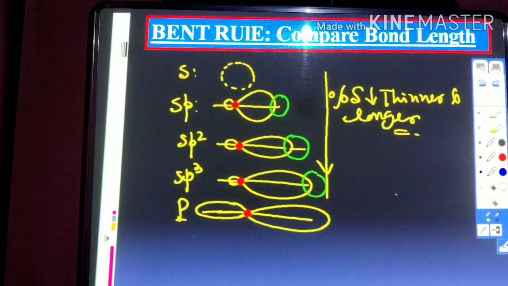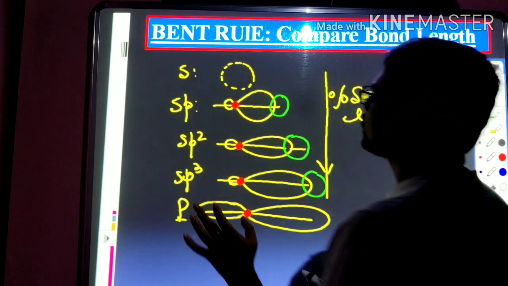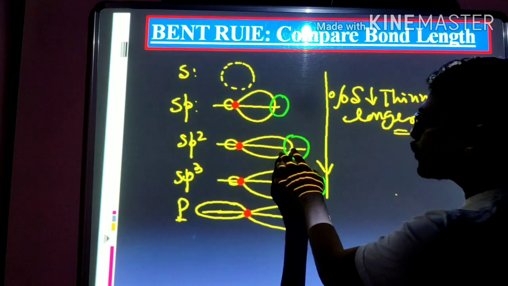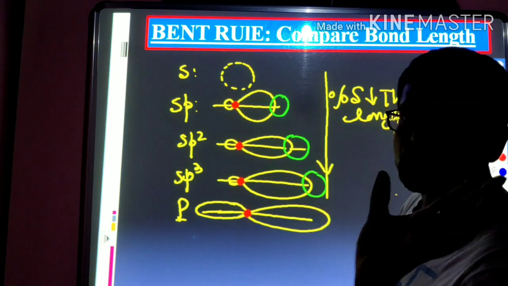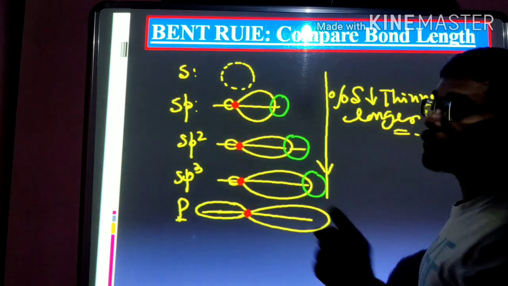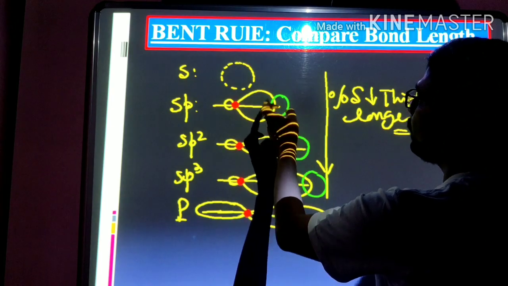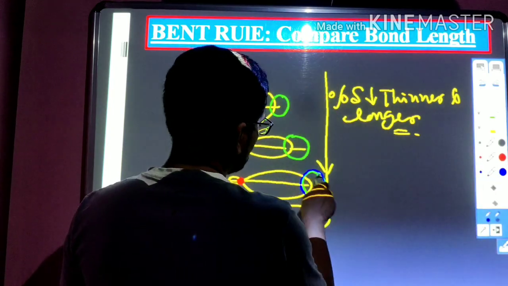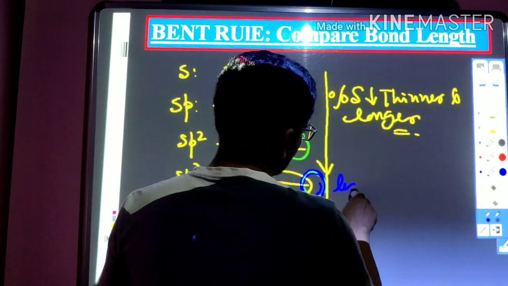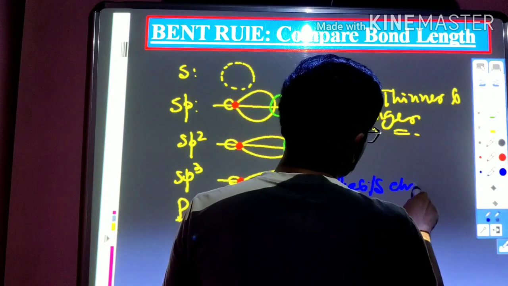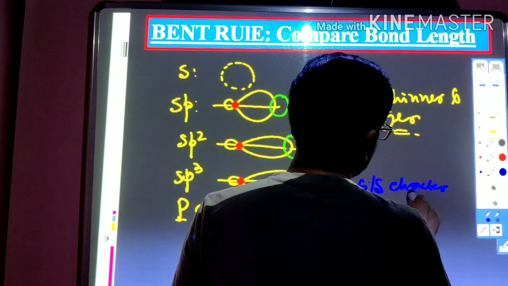What I am trying to say is, fluorine is the most electronegative element. If fluorine wants to form a bond with a hybridized orbital, it will prefer to form a bond here, meaning less percentage of S character.